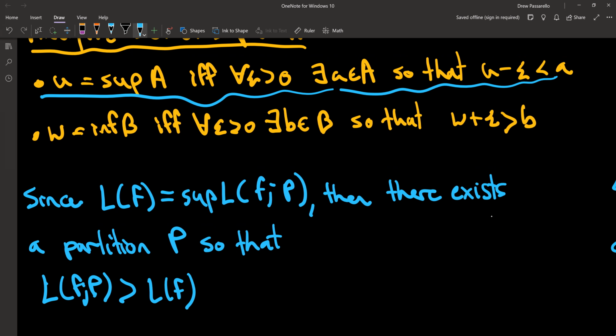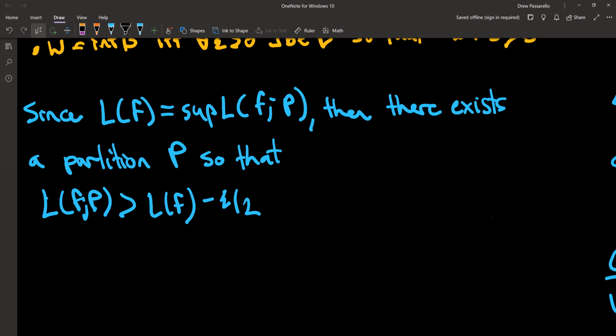And since this is true for all epsilon, I'm going to do L of f minus epsilon over 2. And you'll see why I do that in the proof. Okay, so that's that case.